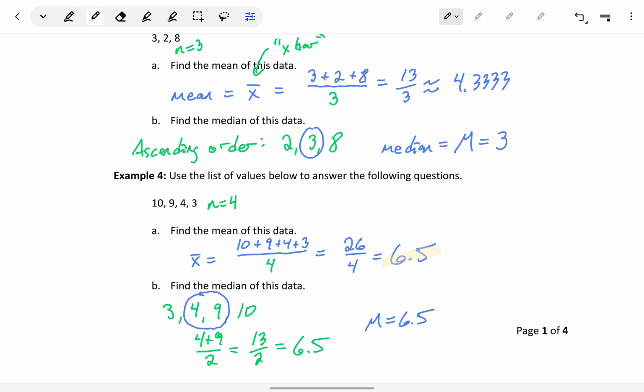In example 4, our mean and our median were exactly equal to each other. But in example 3, we came up with different values. Not far off, but the mean and the median can be further apart from each other or closer together, because again, just keep in mind that we're using different methods to calculate those same values.